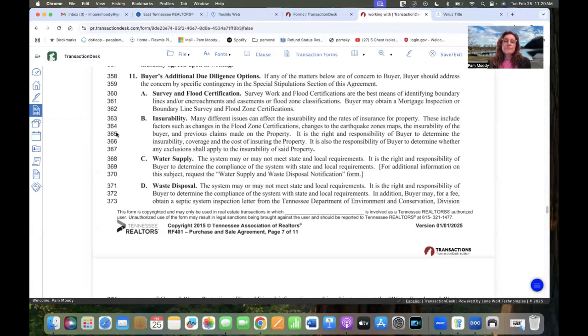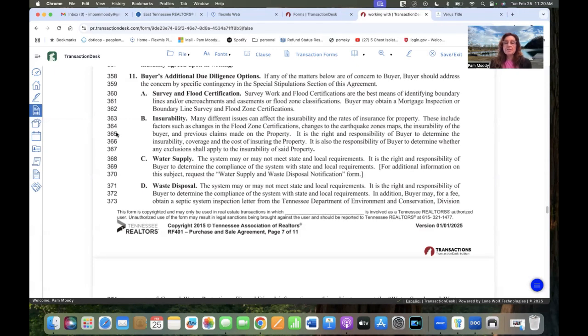Many different issues can affect the insurability and rates of insurance for a property. These include factors such as changes in the flood zone, changes to earthquake zone maps, the insurability of the buyer, and previous claims made on the property. It is the right and responsibility of buyer to determine the insurability, coverage, and cost of insuring the property.